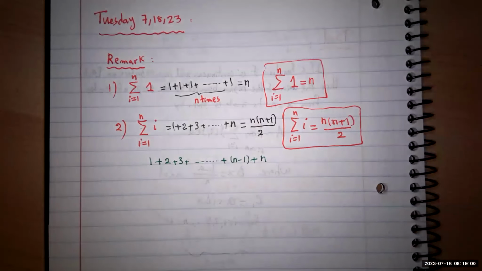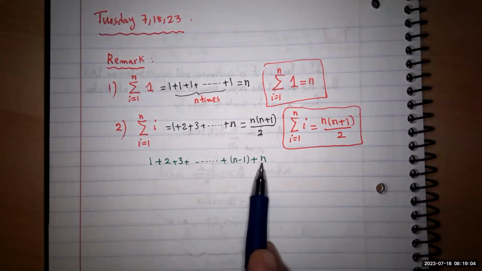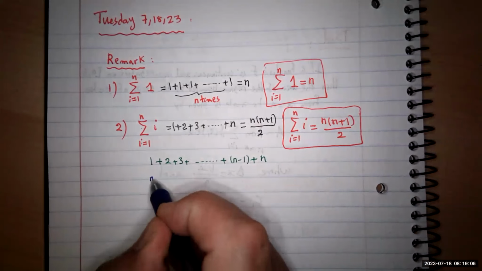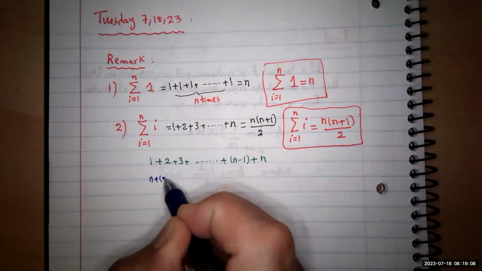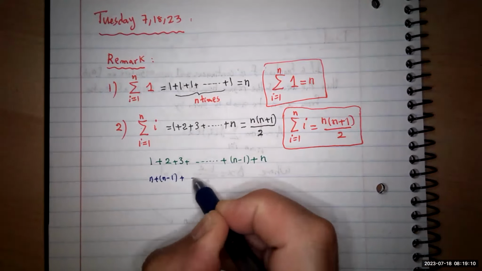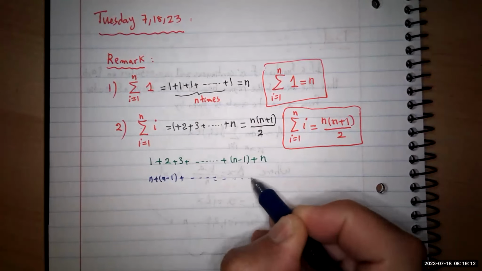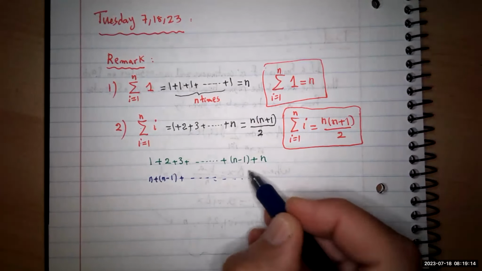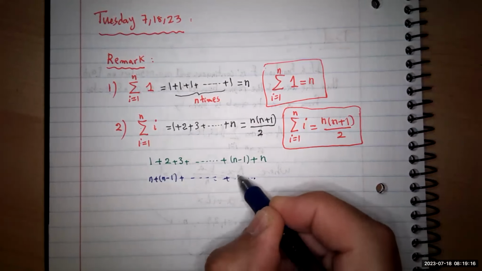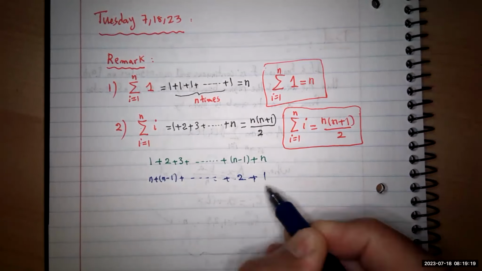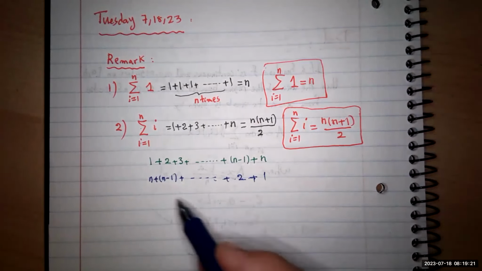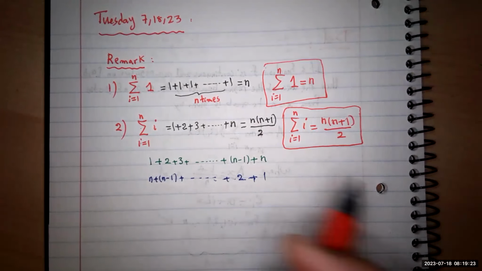Then what he did, he just wrote these numbers again, but in reverse order. So you start with n, n minus 1, and continue getting to plus 2 and plus 1, in reverse order. Then he added them together.